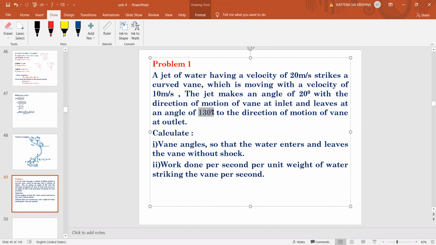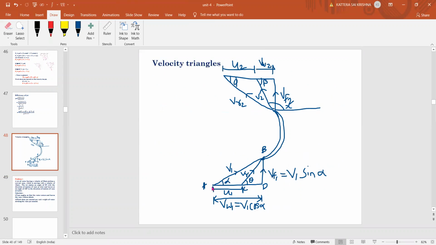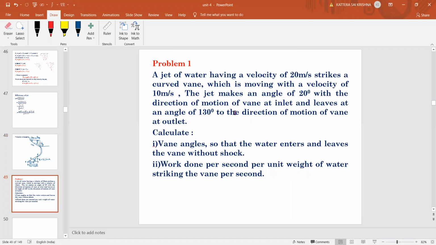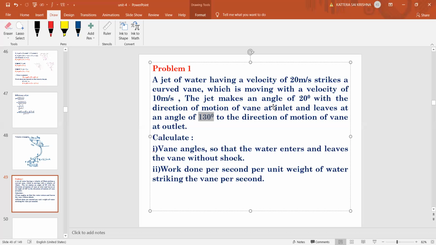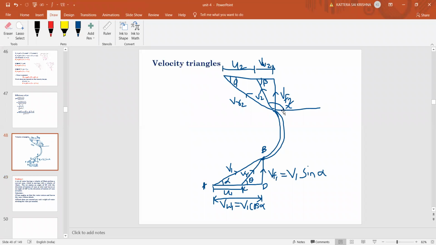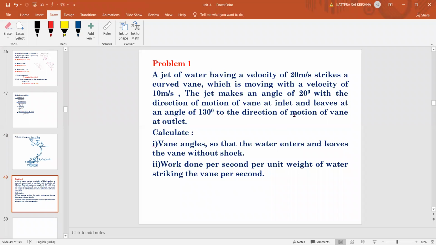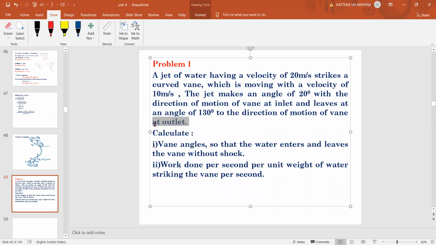This is not beta, remember. This is the angle which V2 is making with respect to horizontal, nothing but in the direction of flow. That is what is given here, the direction of motion of the vane at outlet.